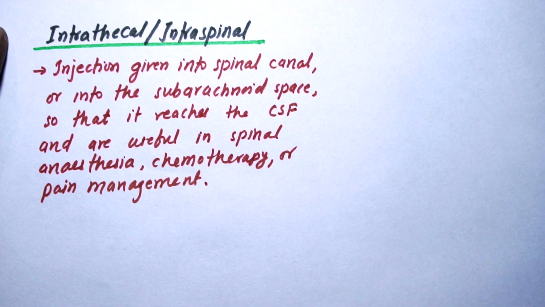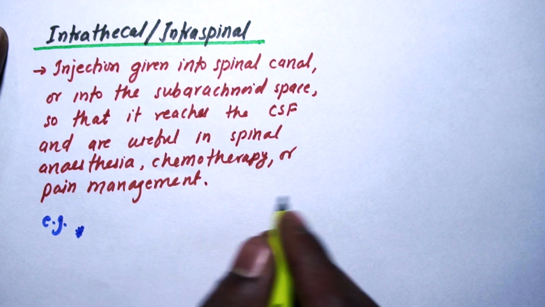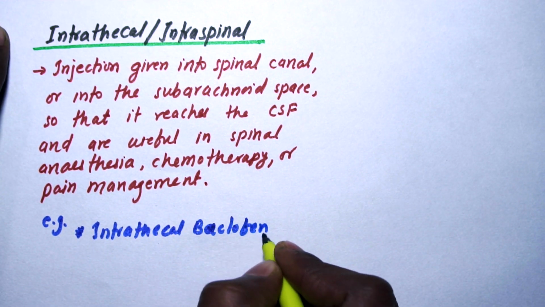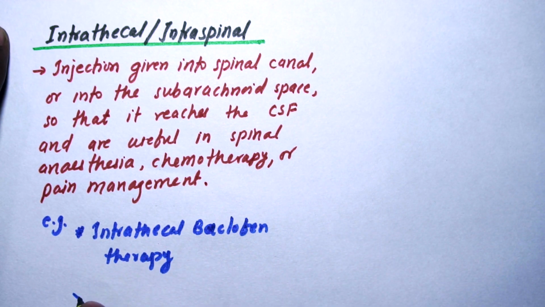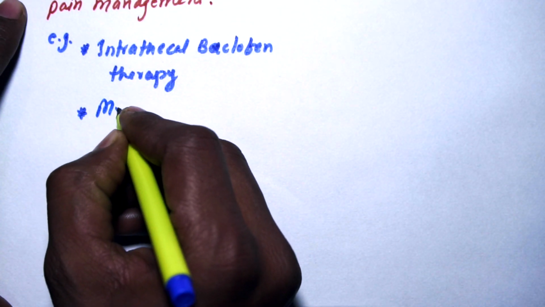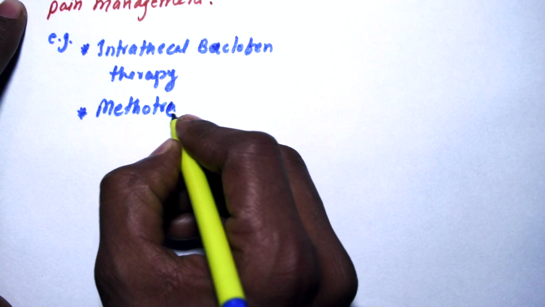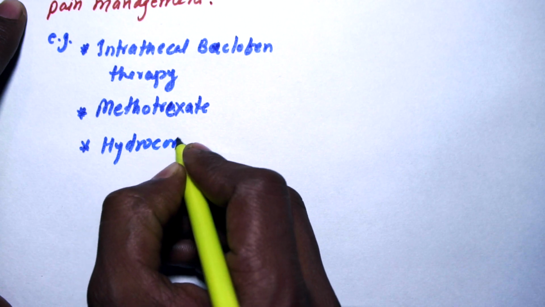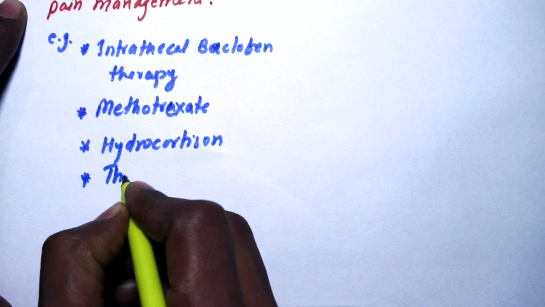Examples for this route are intrathecal baclofen therapy, then methotrexate, then hydrocortisone, then thiotepa.